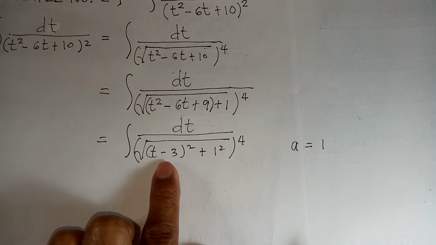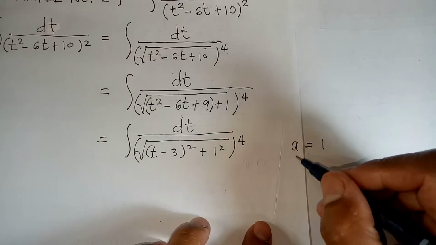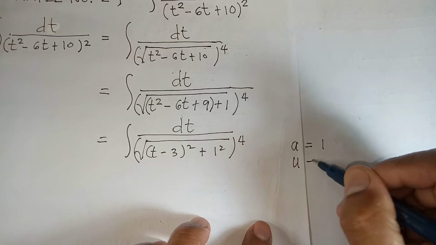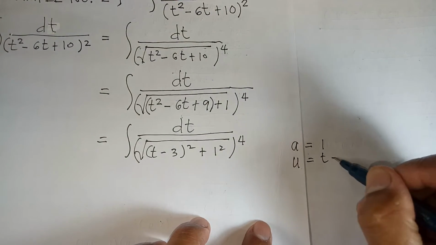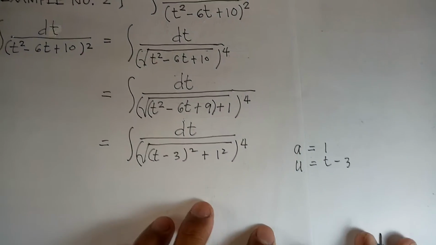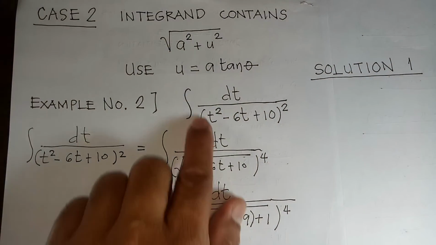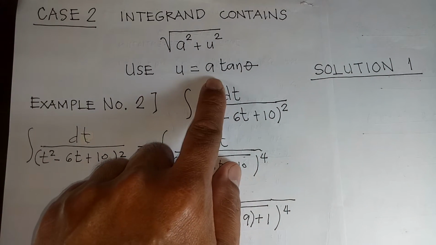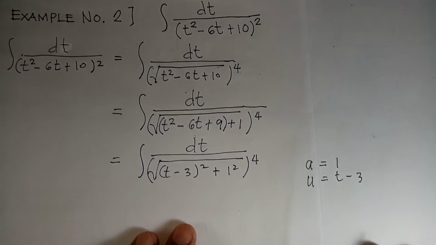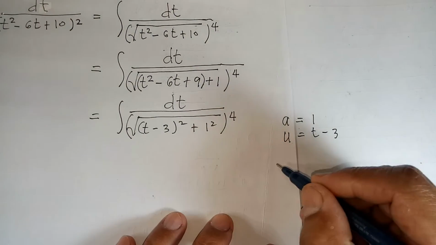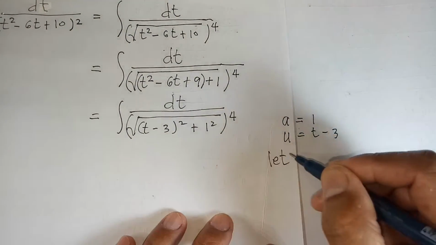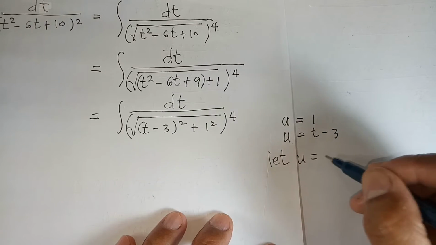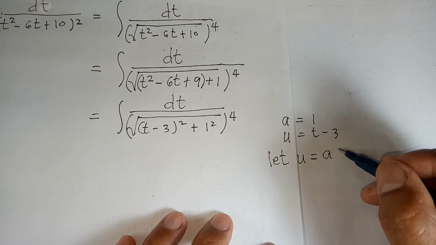Ang u natin ay yung t minus 3. So, u equals t minus 3. So, gagamitin na natin yung ating substitution, u equals a tangent of theta. So, let u equal a tangent of theta.